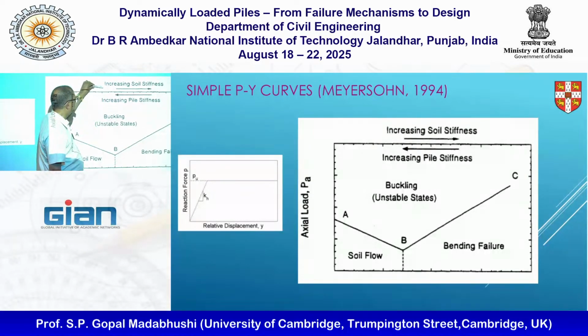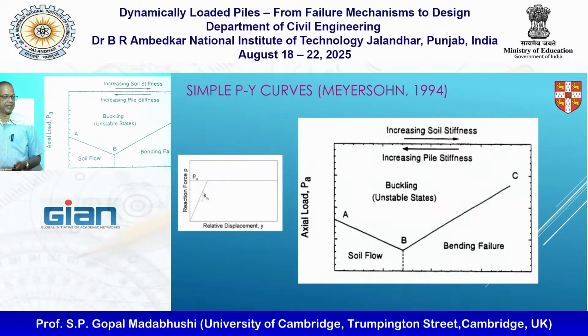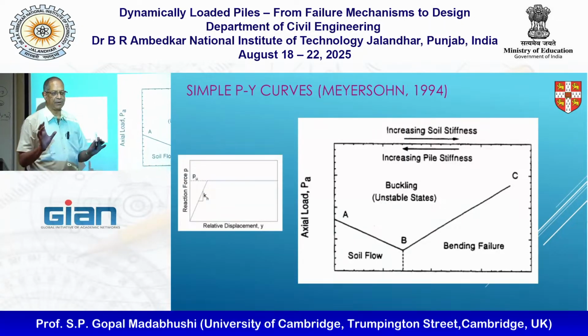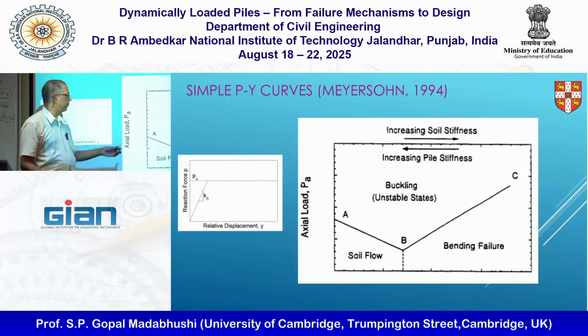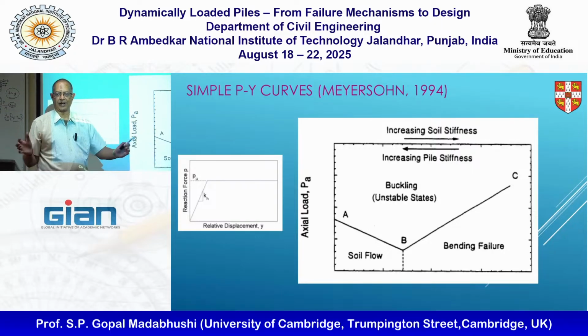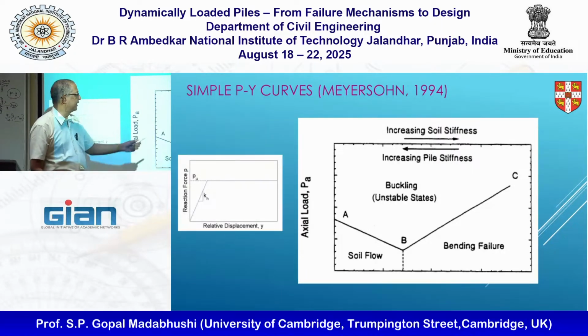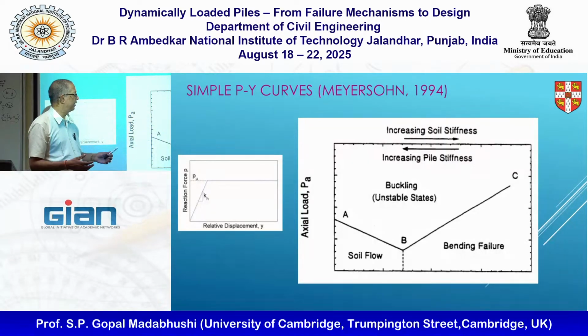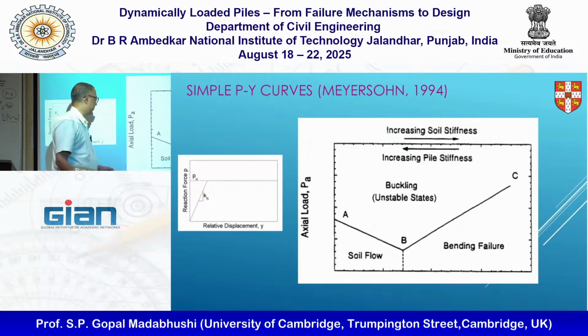As I go from left to right, imagine soil stiffness is increasing, and going right to left, pile stiffness is increasing. For example, the piles are thicker, with bigger diameter. Going right, I may have stronger and stronger clay, for example.